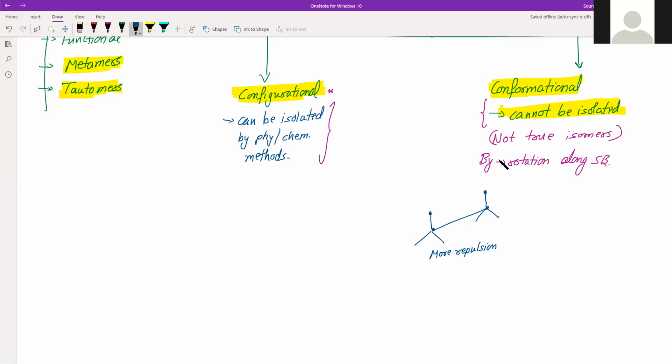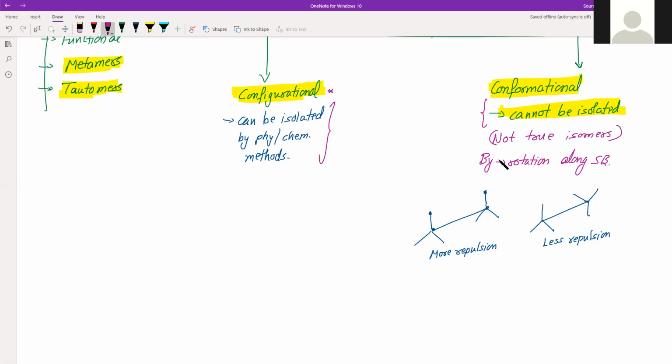Another orientation can be just opposite of this. The front one can be like this, and the back one just opposite. Here there will be less repulsion, and that's why this will be more stable.